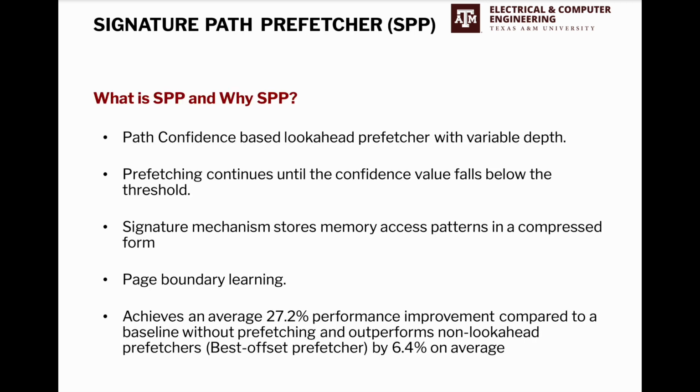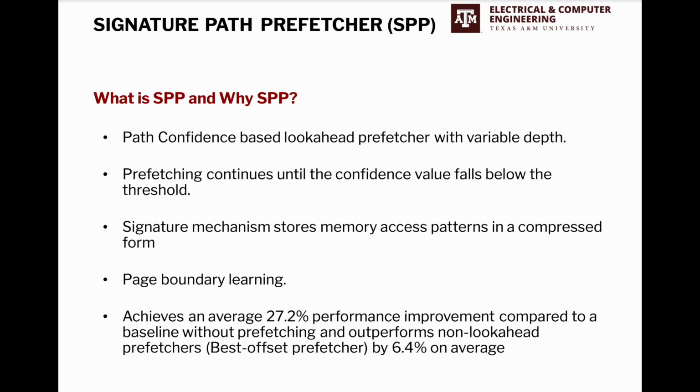Now, we may want to ask, what is SPP and why are we interested in it? SPP, or the signature path prefetcher, is a sophisticated prefetching technique that works on the principle of confidence-based lookahead prefetching. SPP maintains a signature for each access pattern in a compressed form, and unlike a sequence of stride-based prefetcher, SPP is able to look beyond the page boundary, thus producing better prefetching.